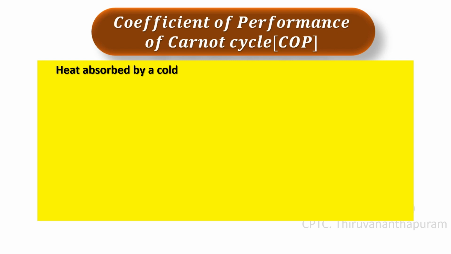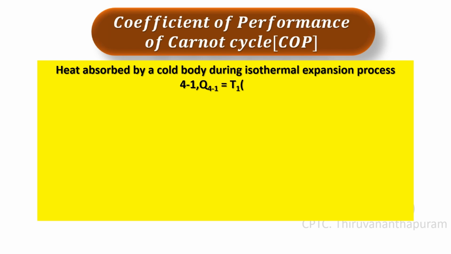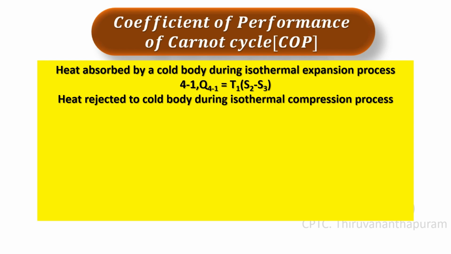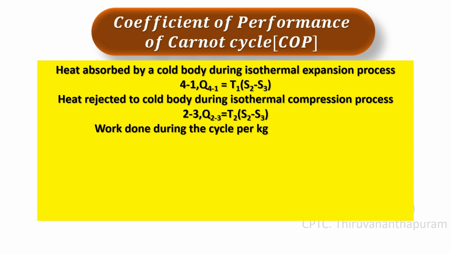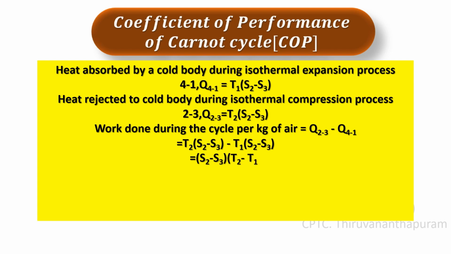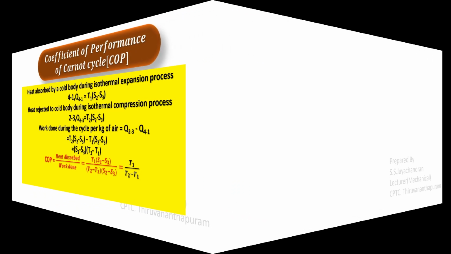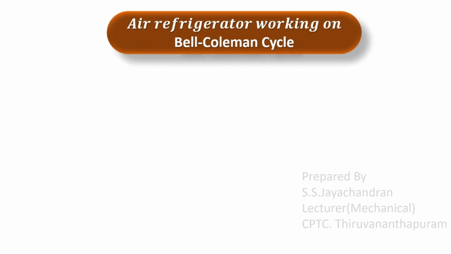The coefficient of performance, COP, of the Carnot cycle is the ratio of heat absorbed to the work input in the cycle. It is the ratio of T1 divided by (T2 minus T1), where T1 is the lowest temperature and T2 is the highest temperature in the Carnot cycle.